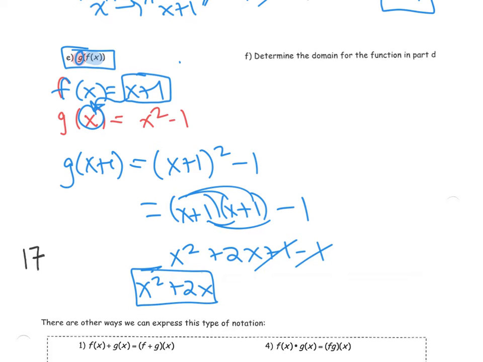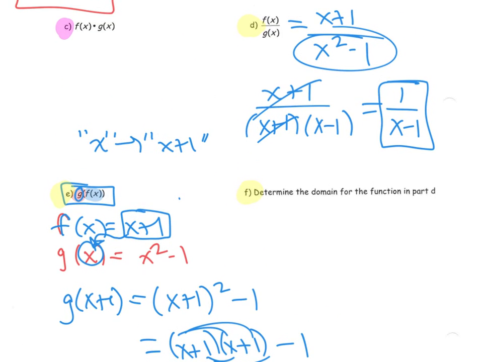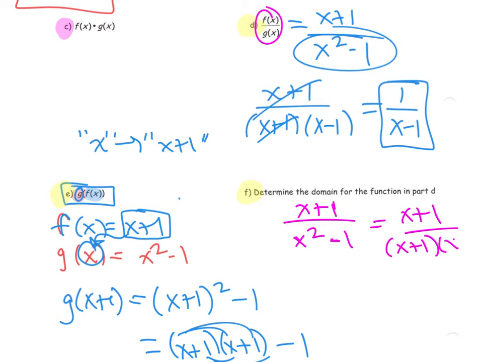Okay, we are going to do letter F together as well. For letter F, it says determine what the domain is for the function we found in part D. So here was our original function. We had f of x over g of x, which was x plus 1 all over x squared minus 1, which we simplified to x plus 1 over x plus 1 times x minus 1.